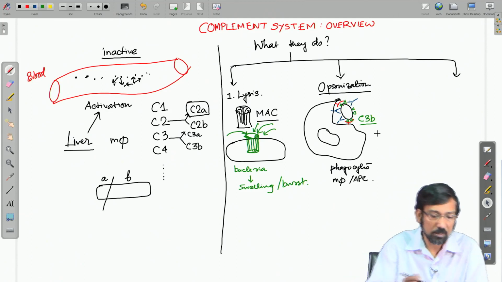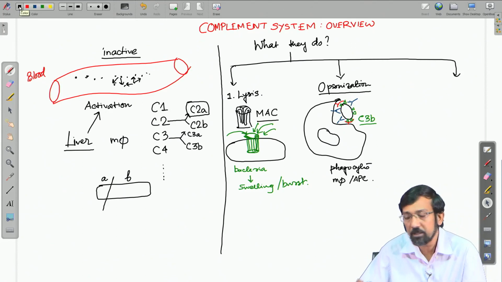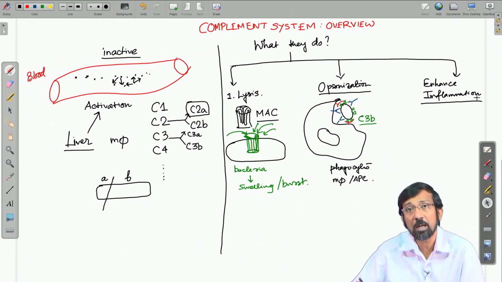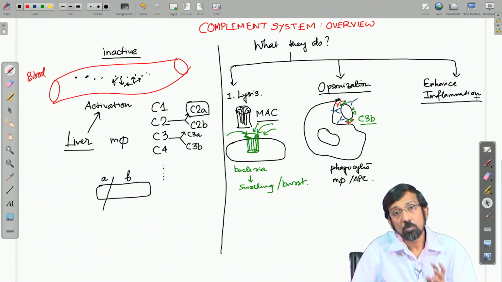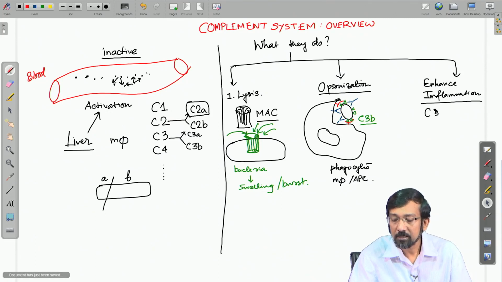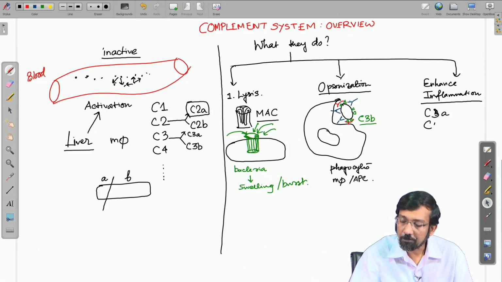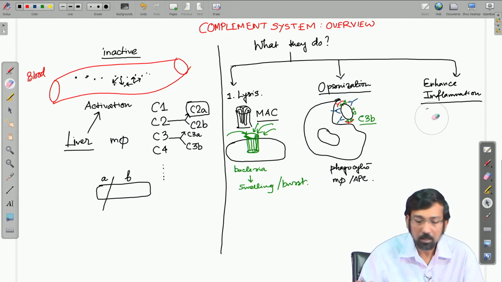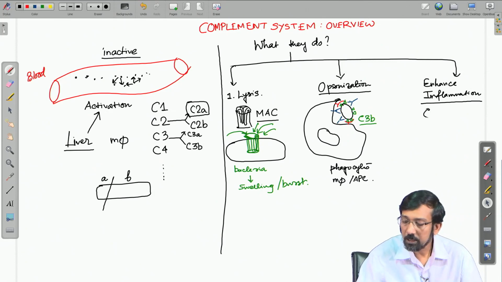And a third process that these complements can do is enhance inflammation. This is primarily done by the smaller fragments of the cleavage products, that is C3a and C5a.